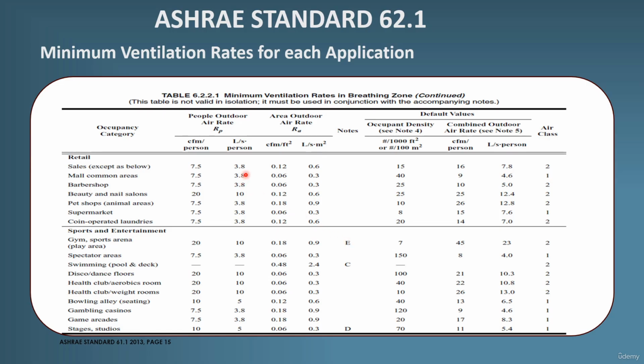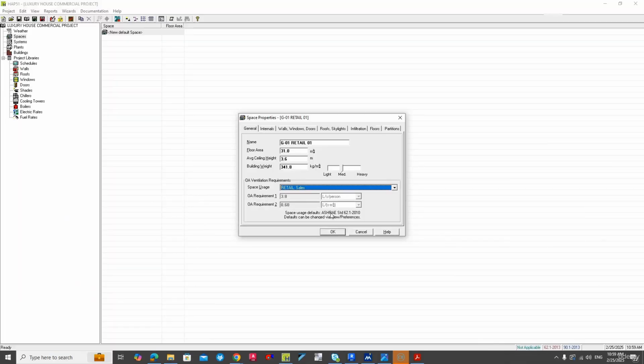And if you go to the ASHRAE standard 62.1, you will find the same values 3.8 and 0.6 as they created Hub based on ASHRAE. So by the end of this lecture, make sure that you give the right name, right area, right average ceiling height, and the outdoor air requirements.